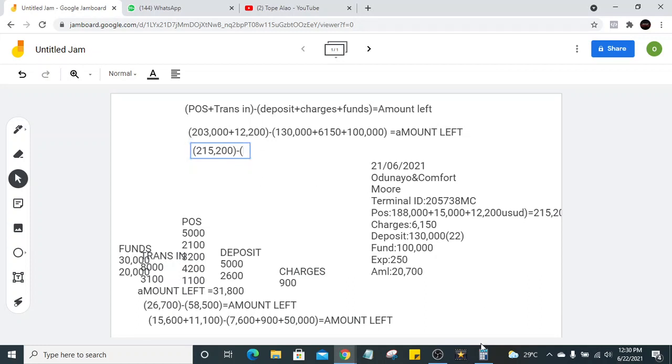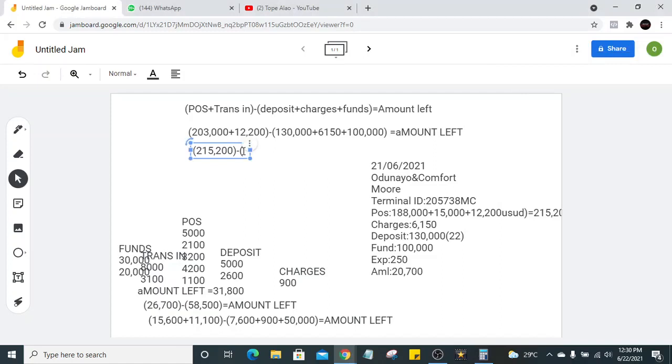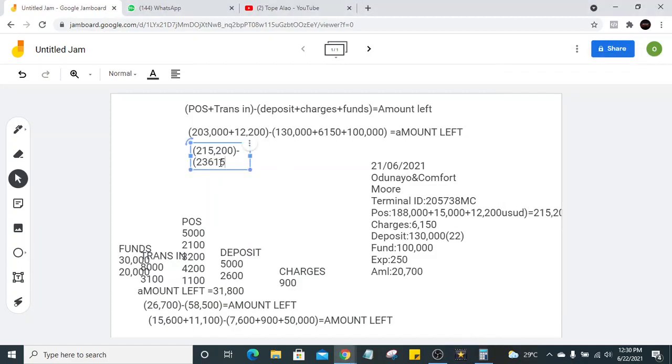So you add 130,000 plus 6150 plus 100,000. So that equals 236,150.